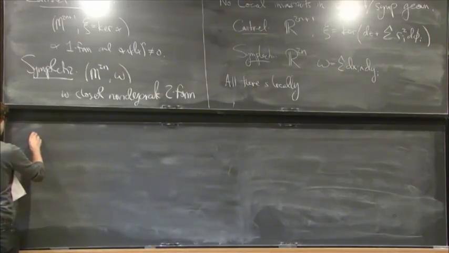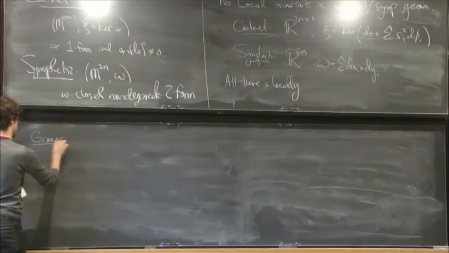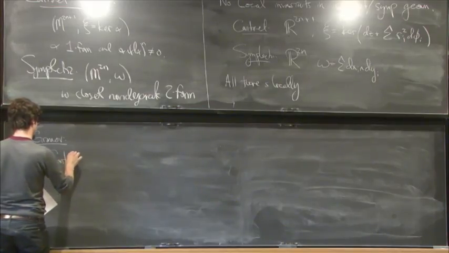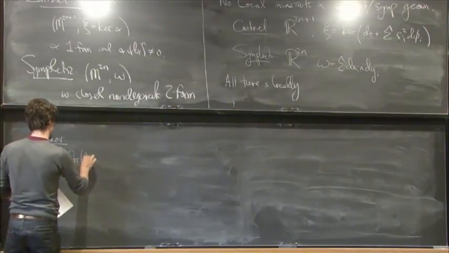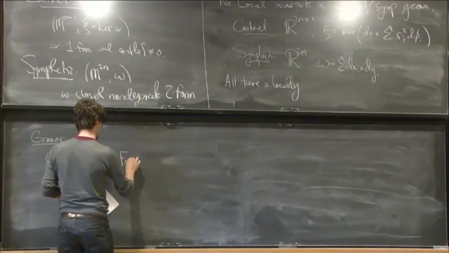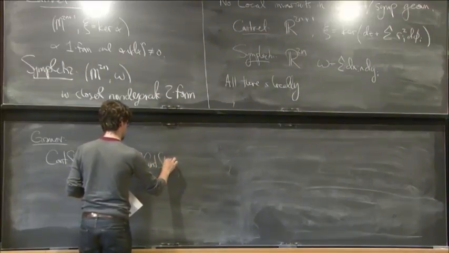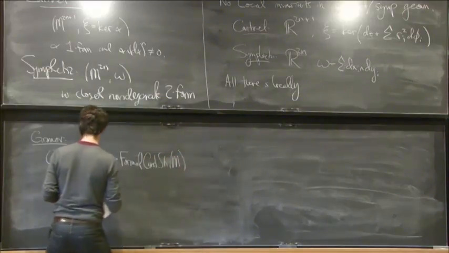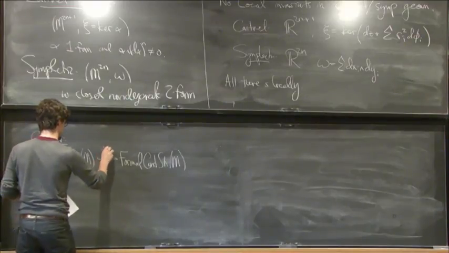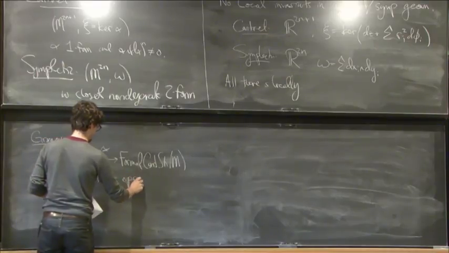So we even have the following h-principle. If you look at contact structures on a manifold, embedded into formal contact structures, this is a homotopy equivalence if M is open.